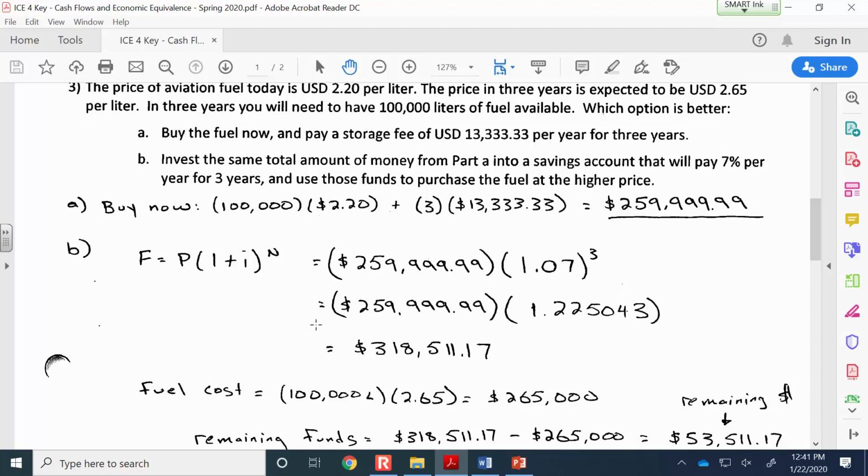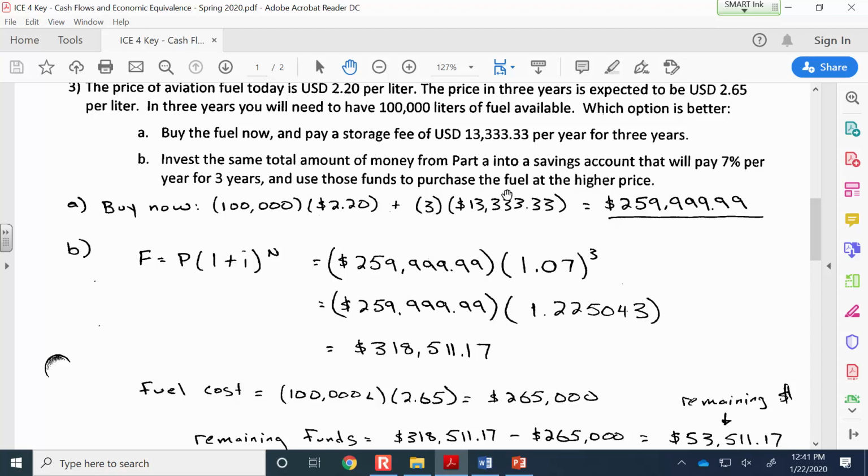So it turns out you'll have more than enough to buy the fuel. You'll have $318,000 in that account, but you only need $265,000, so you're going to have more than $50,000 left over. So that's a proof that option B is better, because you'll have the fuel you need, and you'll also have some additional cash left over.